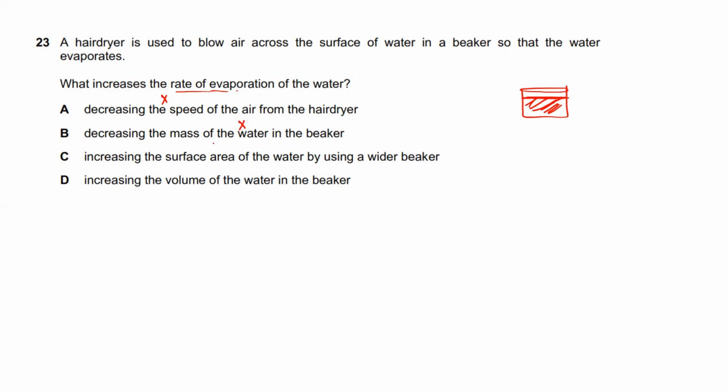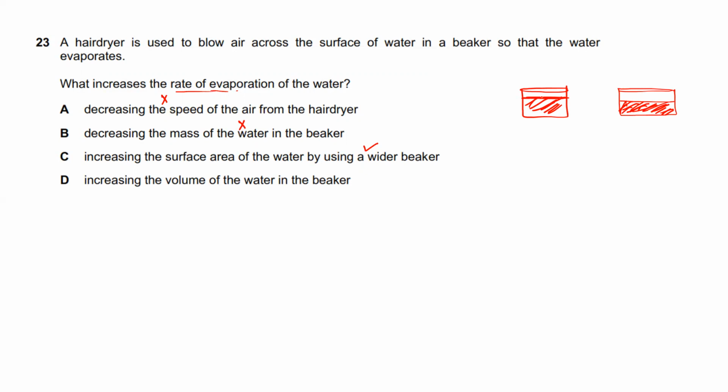No, we can't say that. Then, increasing the surface area of water by using a wider beaker. Yes, this will also increase the rate of evaporation. If you have a bigger area, there will be more molecules available at the surface, even with the same mass of water, and there will be more evaporation. Then it says increasing the volume of water in the beaker.